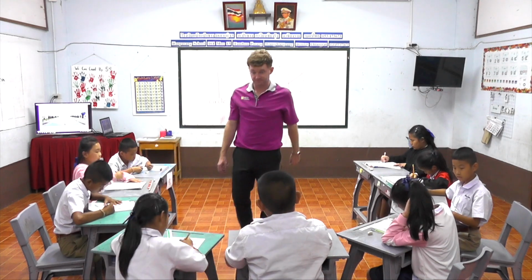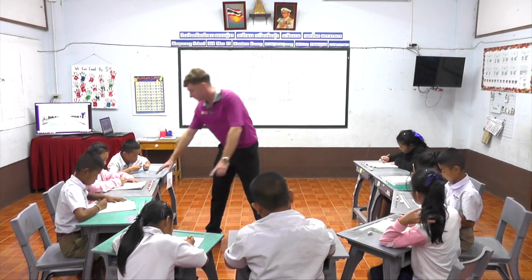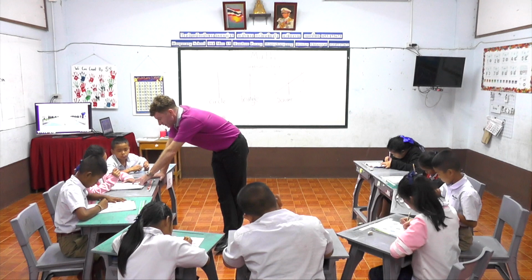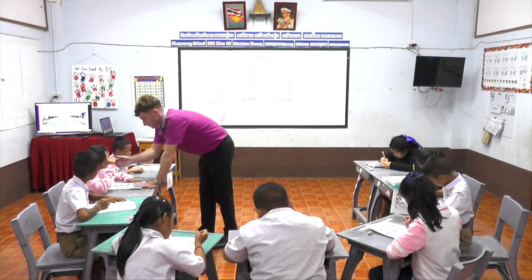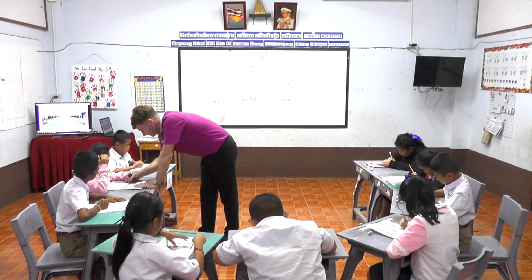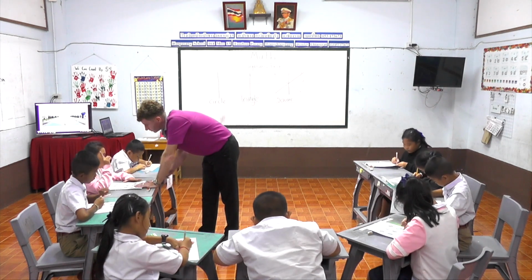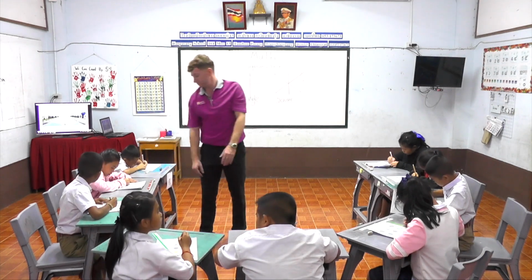Four. Yes. Be careful. How many lines of symmetry on this shape? One. And then what about if we go here? Two. You see? Because it still looks the same. Here too.